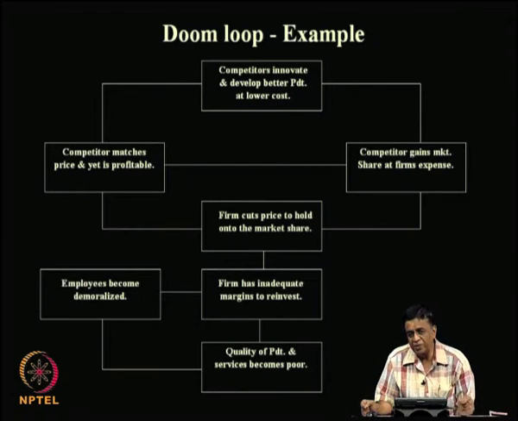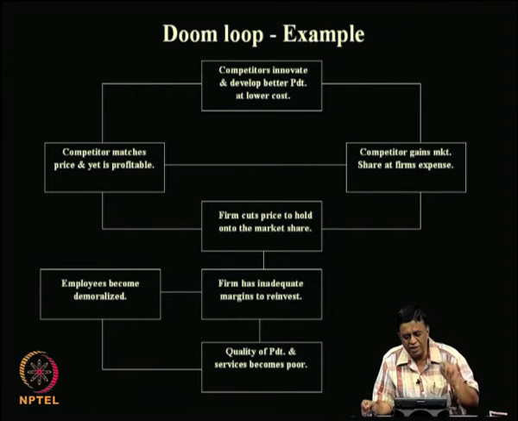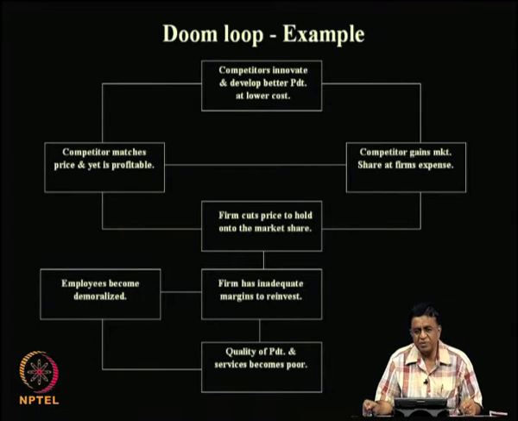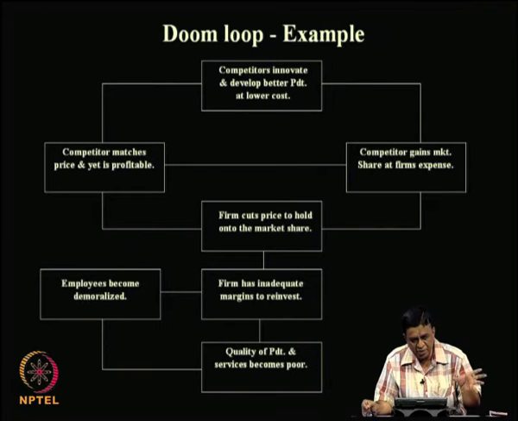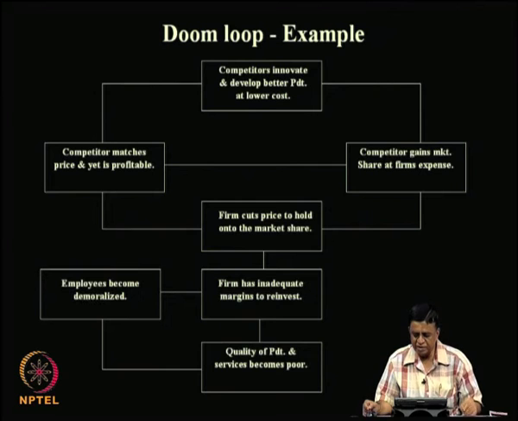Suppose you do not innovate, you only keep the same product line, not able to improve on the features, but the competitor innovates. Then what is going to happen? The product becomes better, the same product you are putting out, he may also be putting out, but better because of the improved characteristics and at a lower cost.